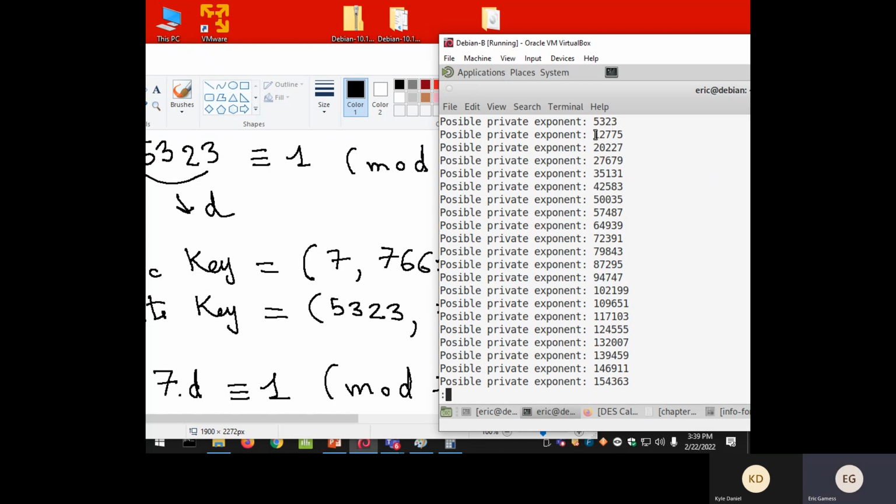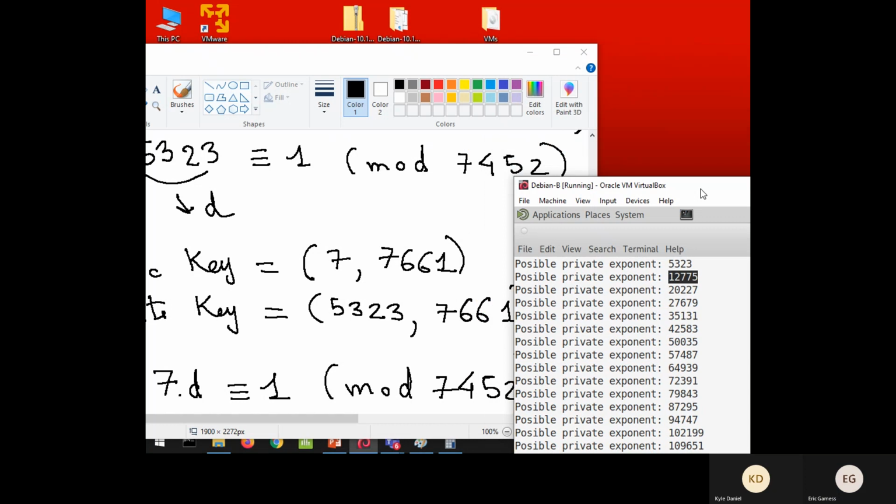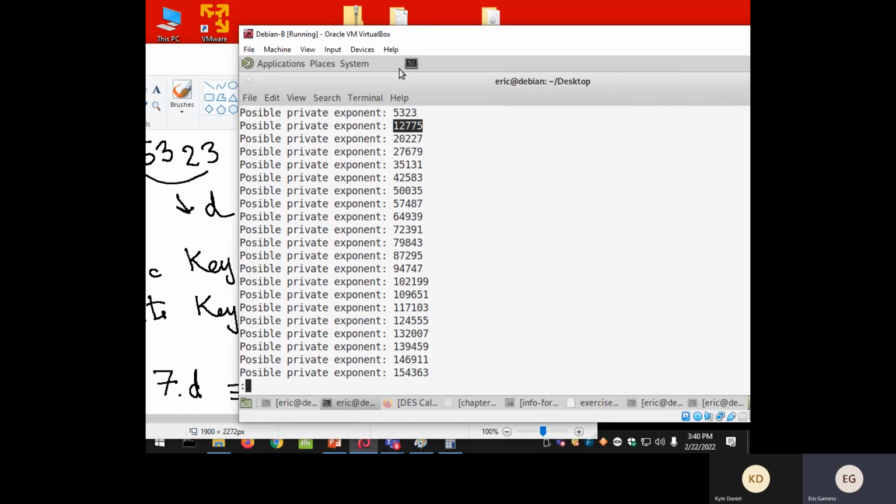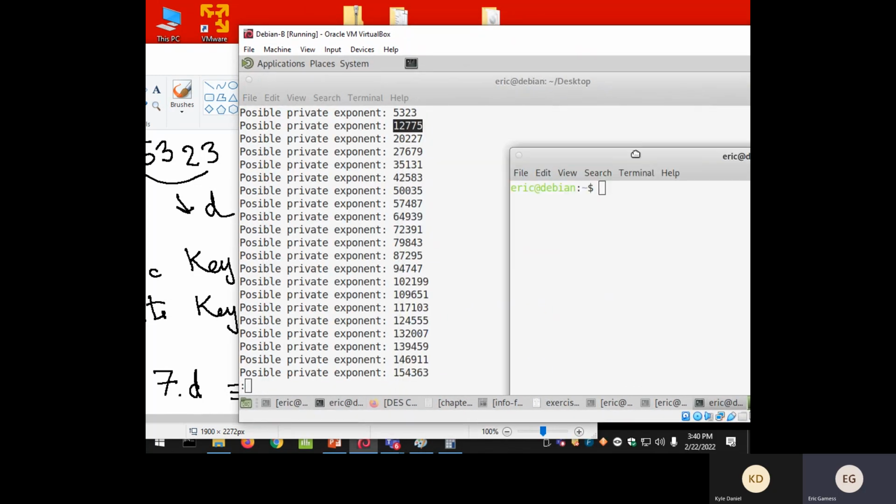How do I get this one? It will be 5,323 plus 7,452. How do I go from this one to this one? By step of 7,452. So let me open another shell and verify that.